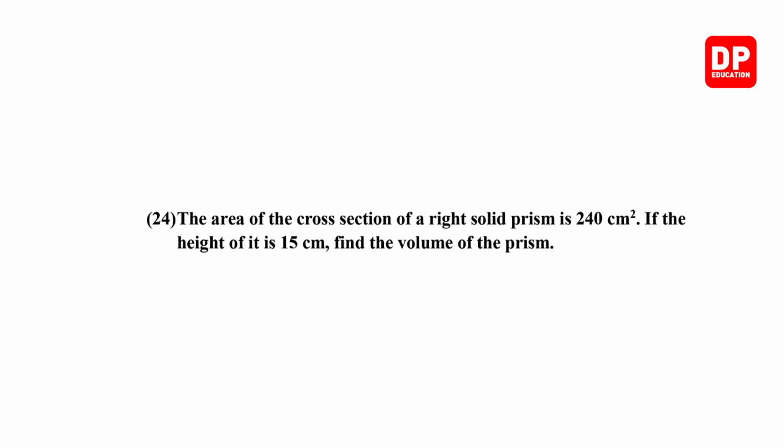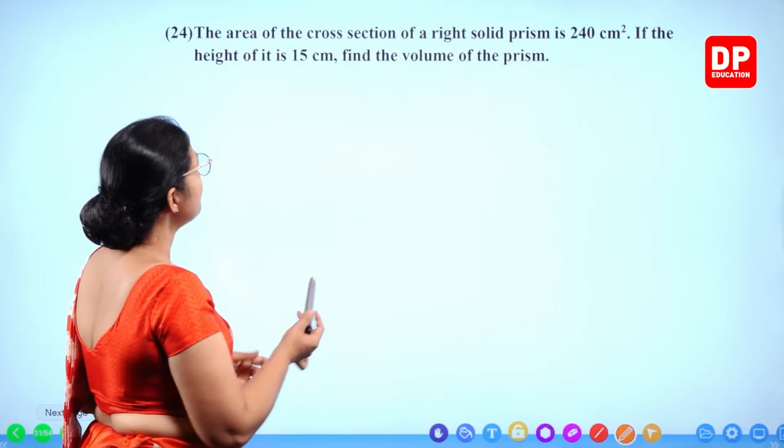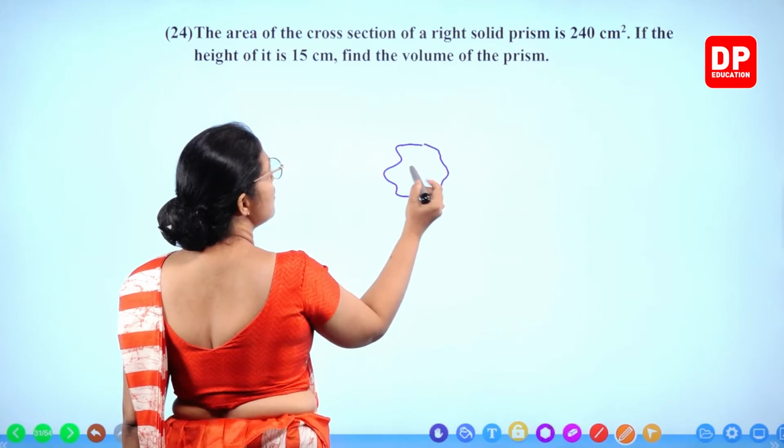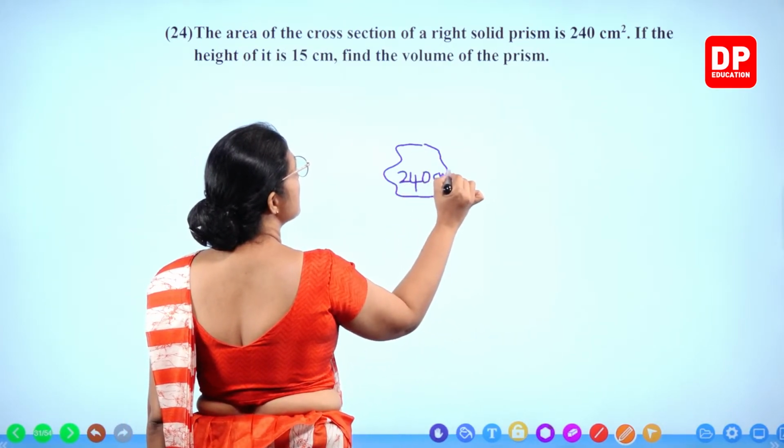Question number 24. The area of the cross-section of a right solid prism is 240 square centimeters. If the height of it is 15 centimeters, find the volume of the prism. We don't know the shape of the cross-section, so let's take this as 240 square centimeters.